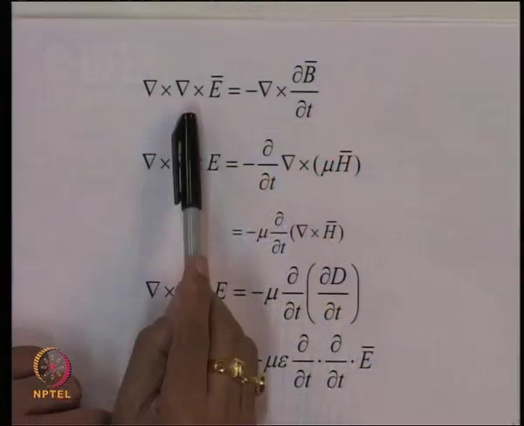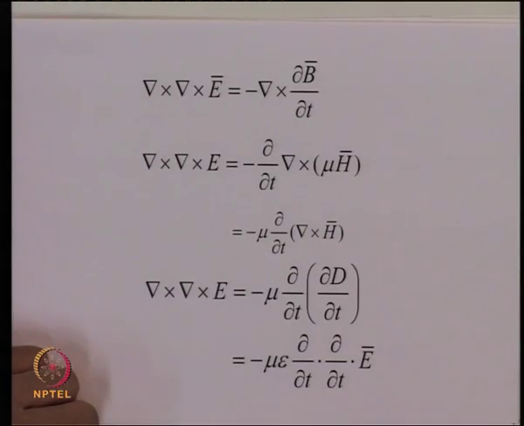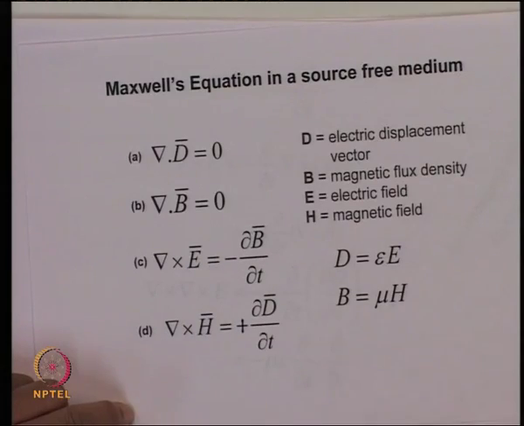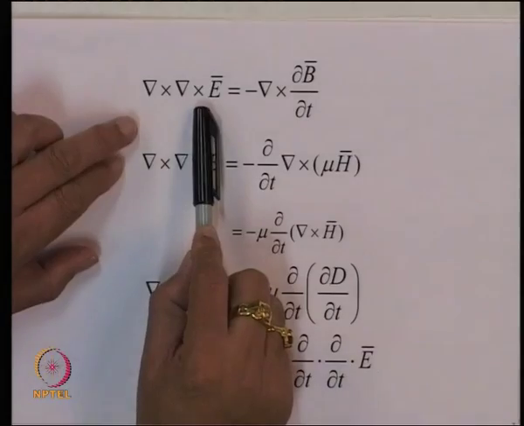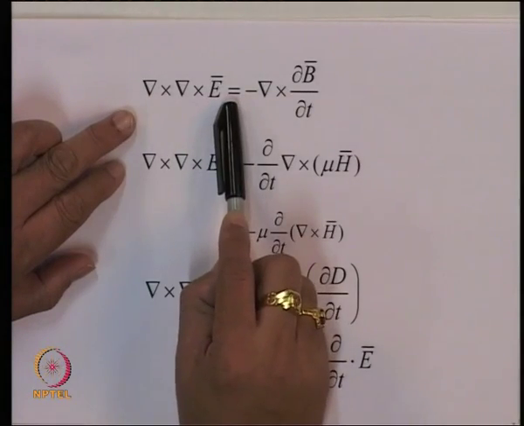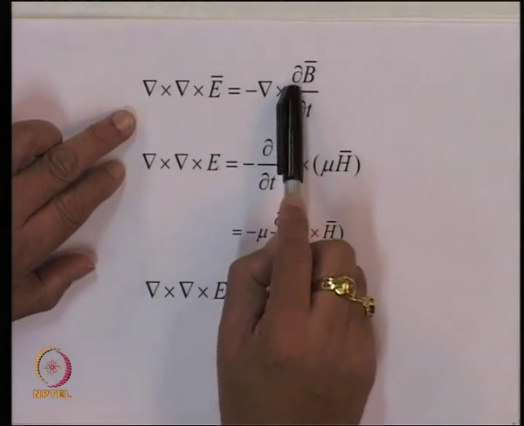So, firstly we try to decouple these equations, and what we do is we take the curl of this equation, and we can now write del cross E is equal to minus del cross dB by dt.